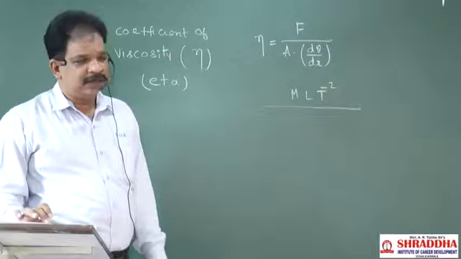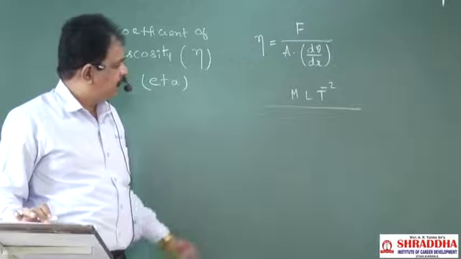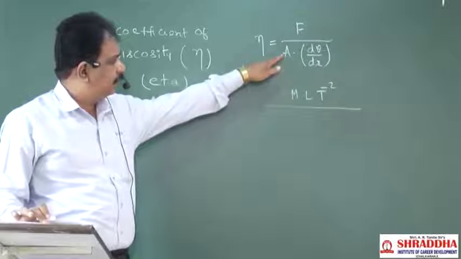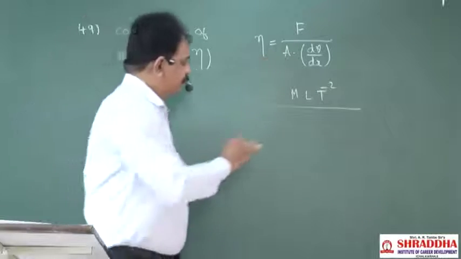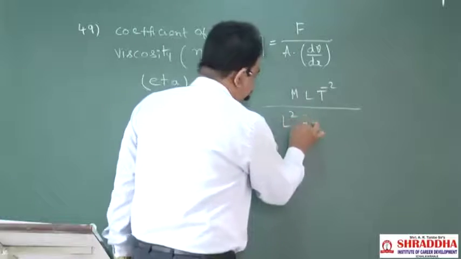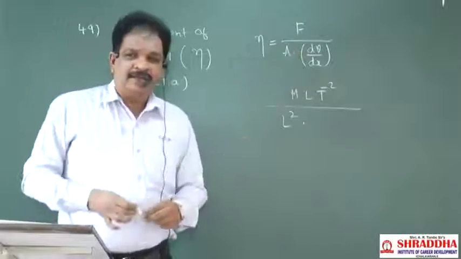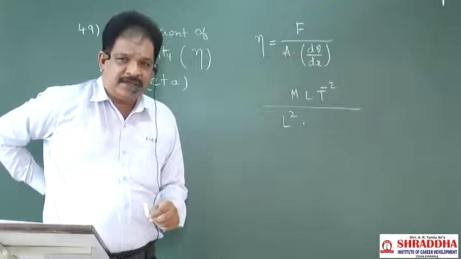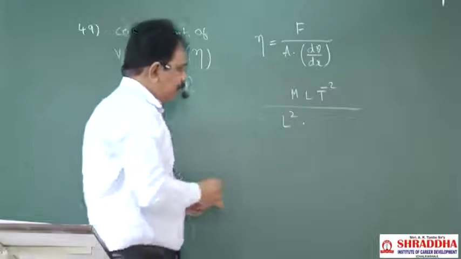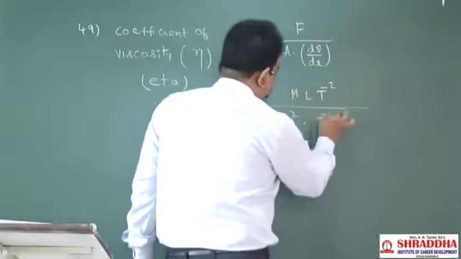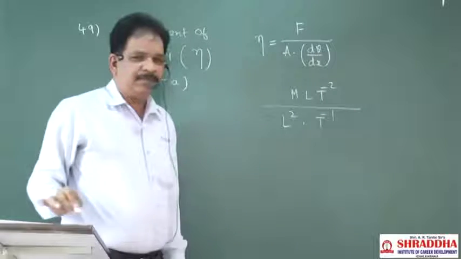That is the numerator. Denominator, you see A, area. Area dimensional formula L square. dV by dx, velocity gradient. Velocity gradient dimensional formula T power minus 1.